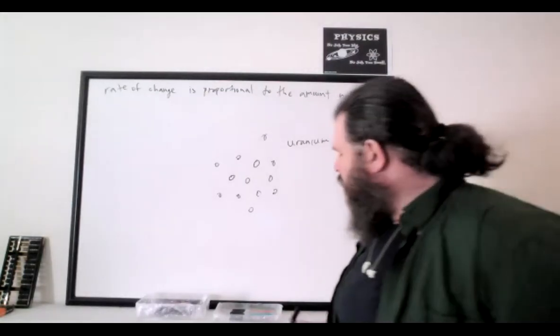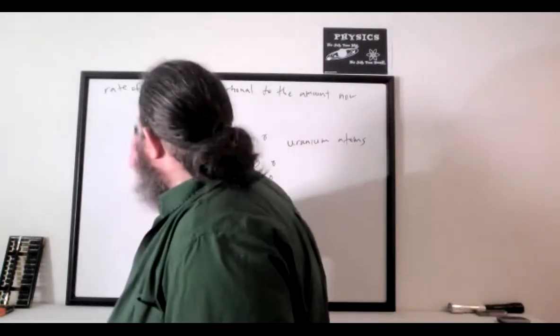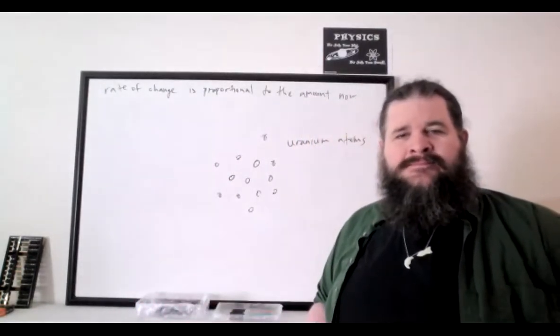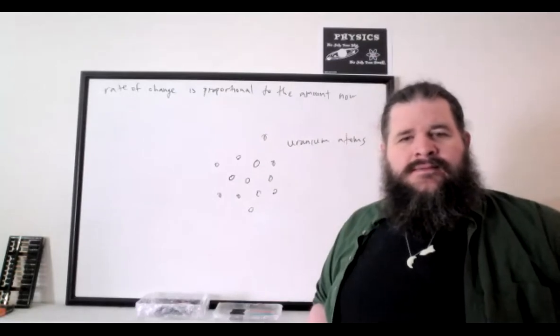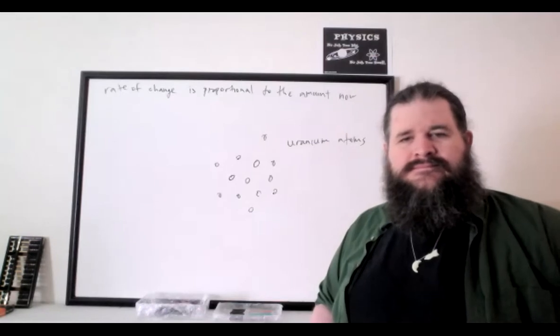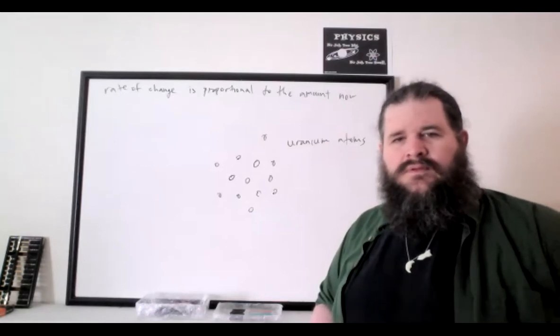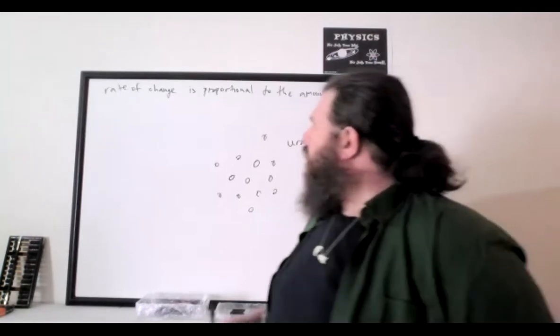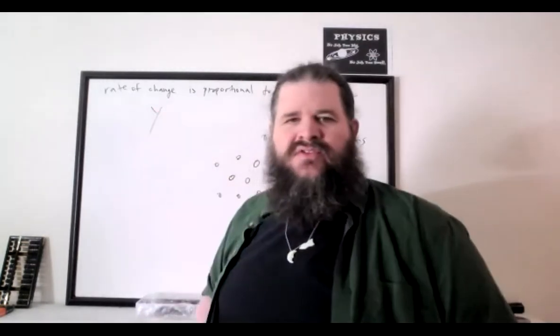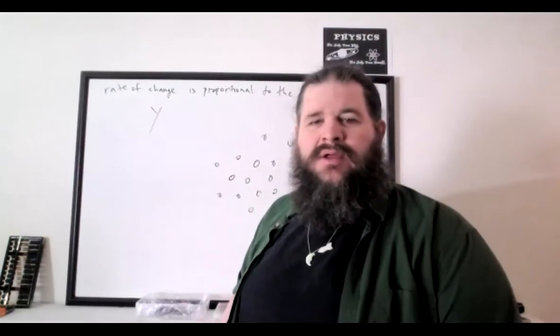And we can write this as an equation. Rate of change, how do we usually write the rate of change of some quantity? Yeah, we can write this as a derivative. Let's say we've got some quantity y, where y is just some value that's a function of time.